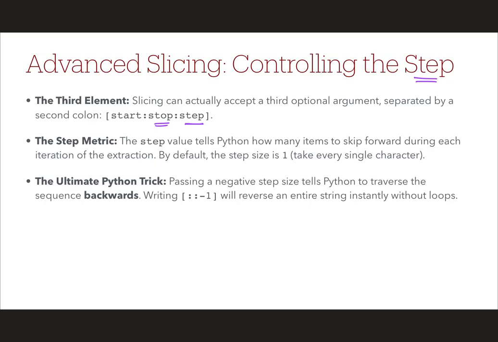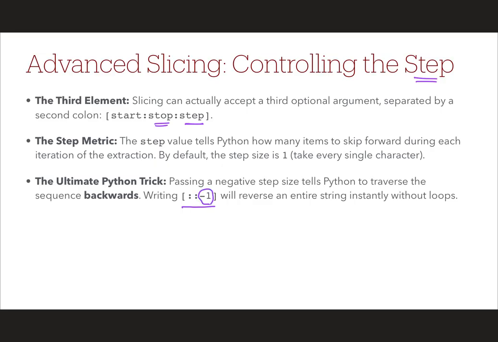So, if I see this expression, which might appear quite often in many examples in advanced programs, here there are two colons. And as you can see, the start value and stop value are omitted. So that means we want to consider from the beginning of the string to the end, but the step size is -1.